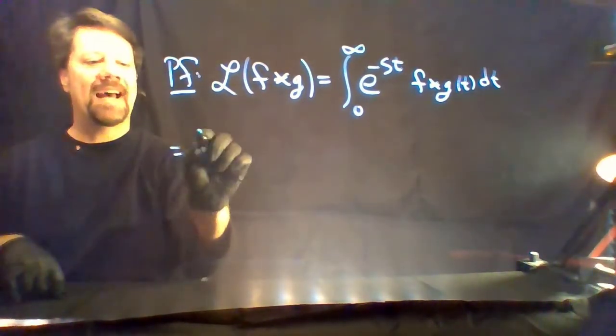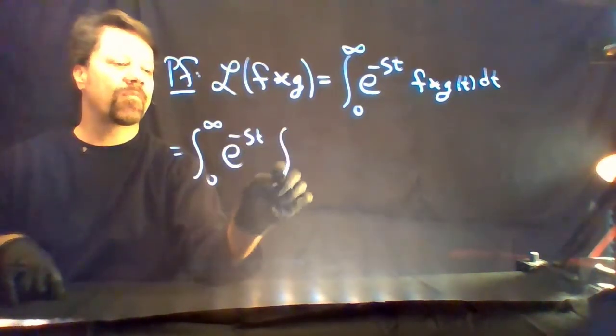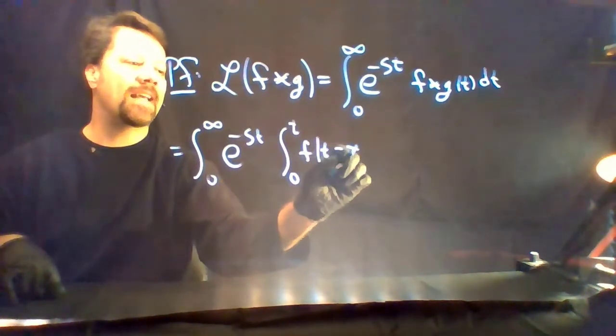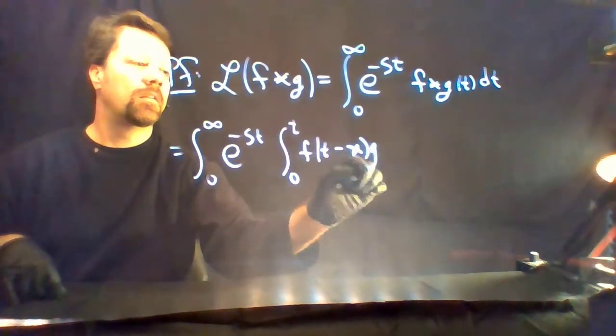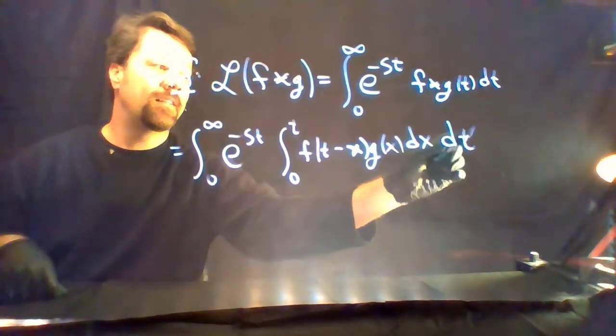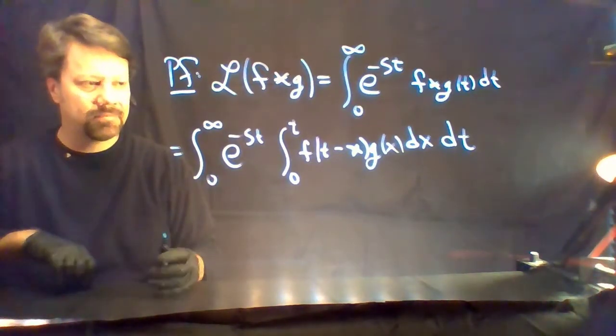We can write that as the integral from 0 to infinity, e to the minus st, the integral from 0 to t, f of t minus x, g of x, dx, and then dt. So we have a double integral here.